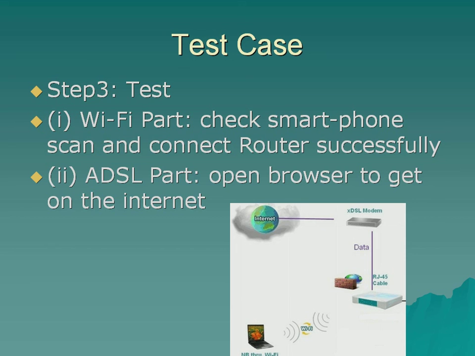If you can find it, you need to click to connect to the router. If you see the status become connected, that means your smartphone is already connected to the router. Then you can open your browser on your smartphone to check whether you can get on the internet or not.